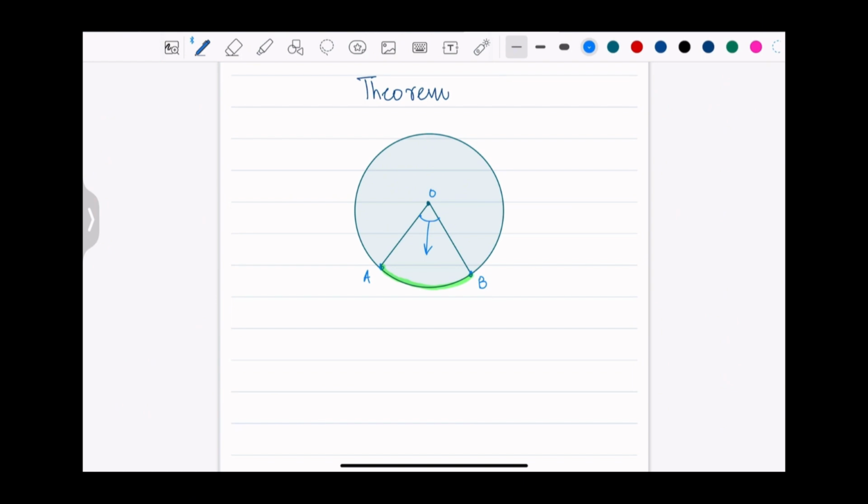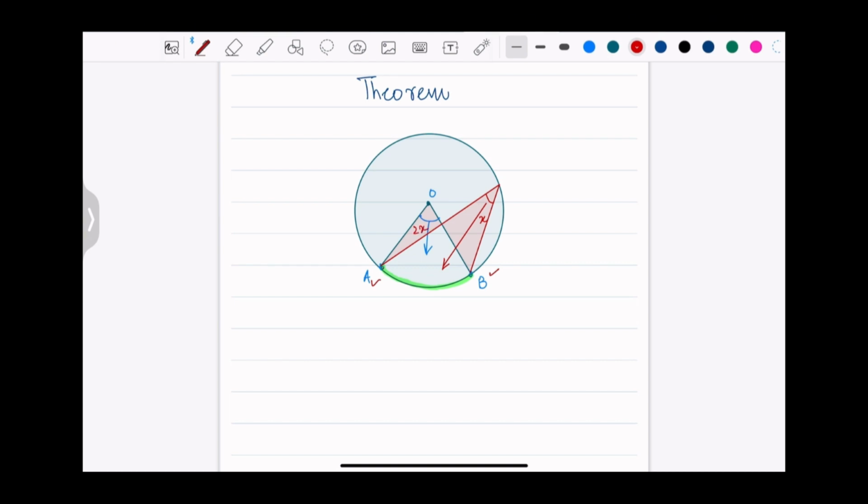Now if I use the same 2 points and make another angle at the circumference, remember that the angle facing the same arc using the same 2 points, one at the center and one at the circumference, has a ratio of, if this is x, then this is going to be 2x.